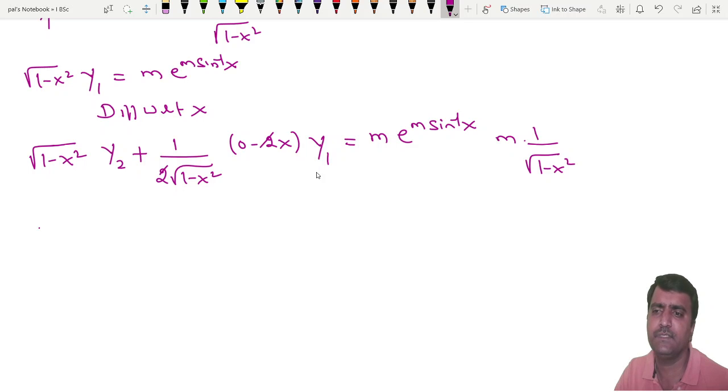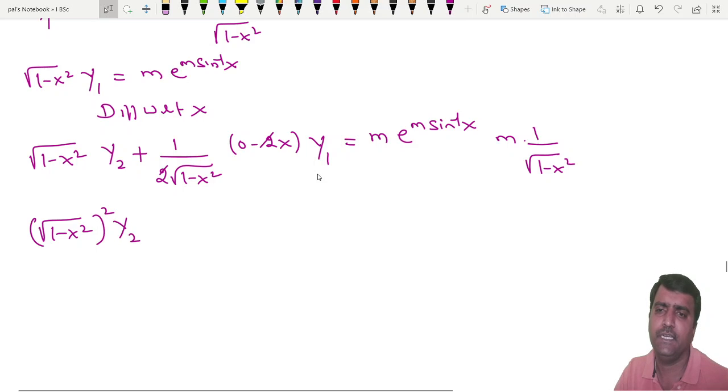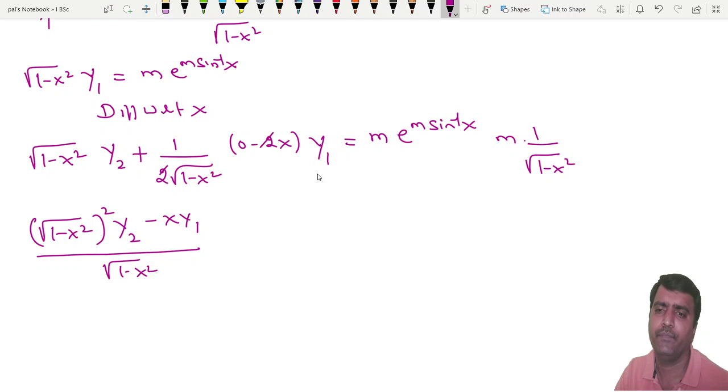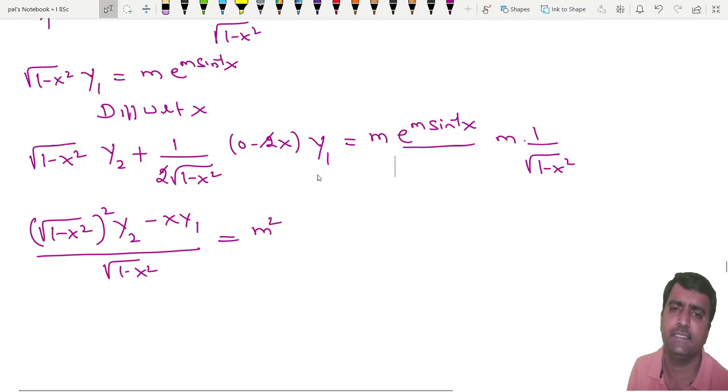So then it becomes root of 1 minus x square whole square into y2, and now it is minus x y1, second term. This whole divided by root of 1 minus x square, which is equal to, now this is m into m is m square into e to the power m sin inverse of x.